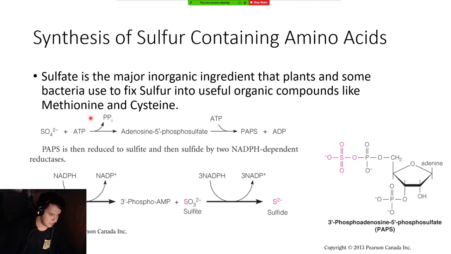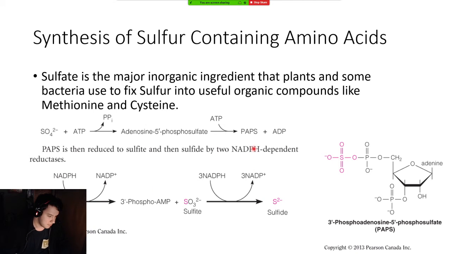so this adenosine triphosphate actually binds to the sulfate, and then the ATP here more traditionally uses the phosphate group and phosphorylates this, and then it makes this PAPS, this 3-phosphoadenosine 5-phosphosulfate.